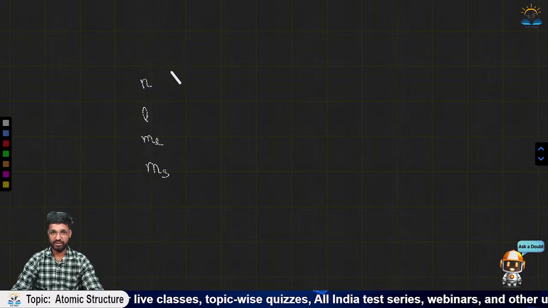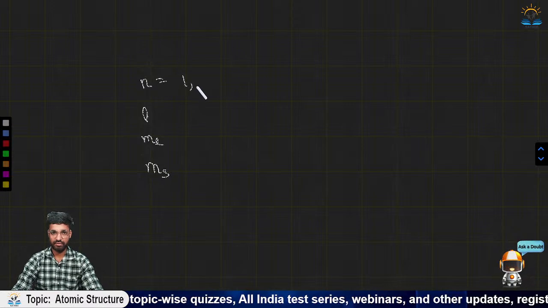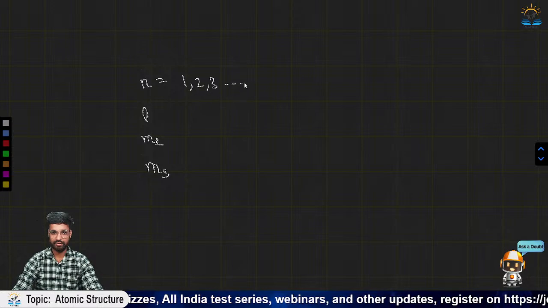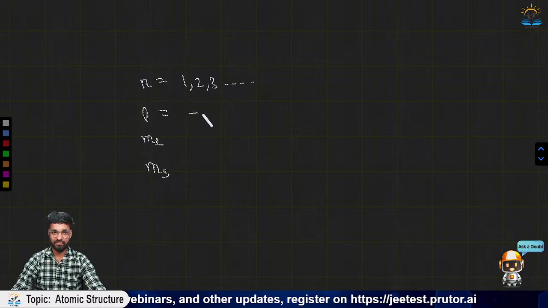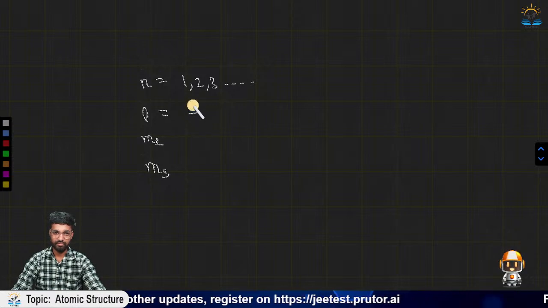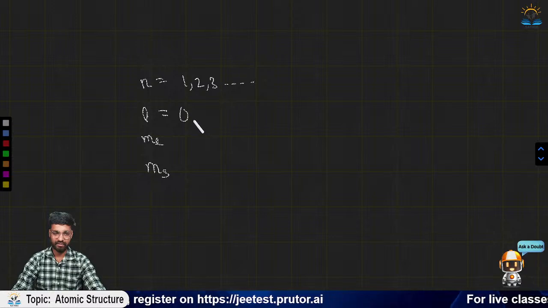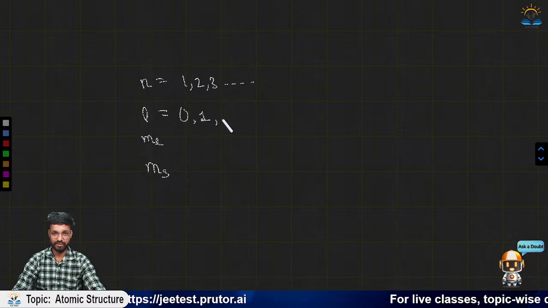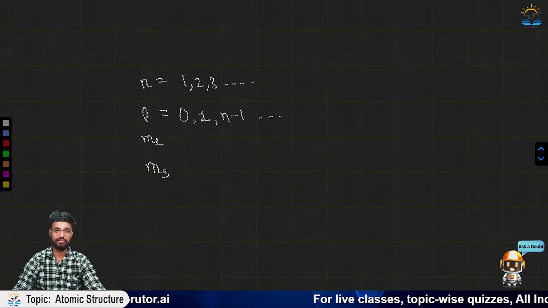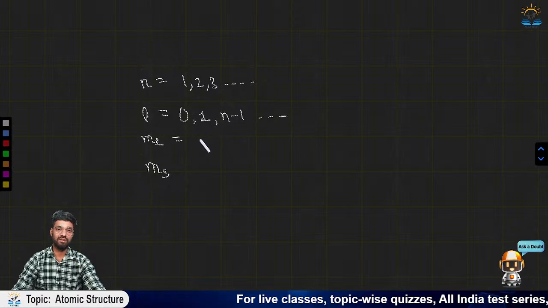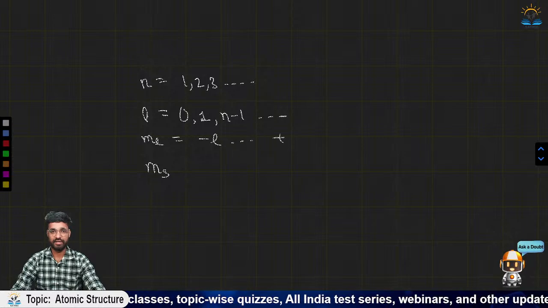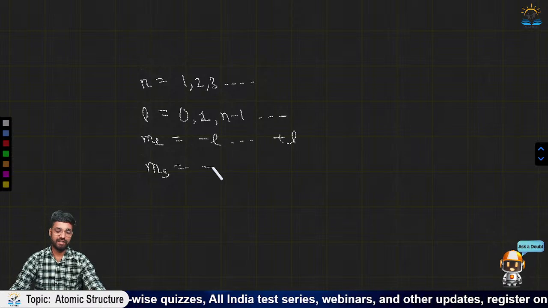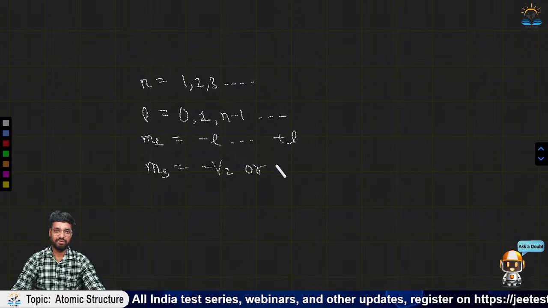The value of n varies from 1, 2, 3, and so on. The value of L varies from 0 to n minus 1. The value of ml varies from minus L to plus L. And ms has two values only, that is minus half or plus half.